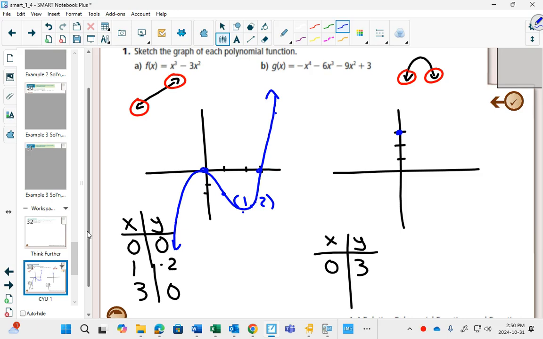So we could plug in 1: -1, -7, -9, -17 plus 3. 1 would be -14. What happens if you plug in -1? You would get -1 plus 6 is 5, minus 9, -4, plus 3, -1.